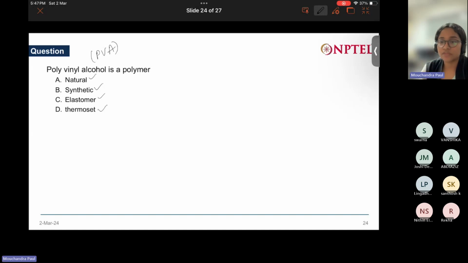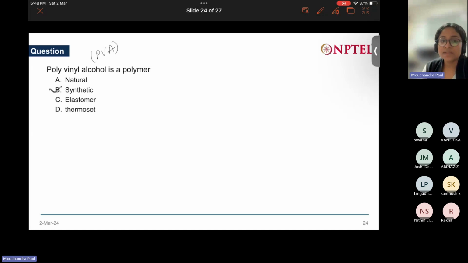Anyone would like to give it a try? Okay, it's a synthetic polymer. It's not a natural polymer because it is not derived from an animal or plant origin, meaning it does not come from nature, or we make it in the lab. So that is why it is synthetic.